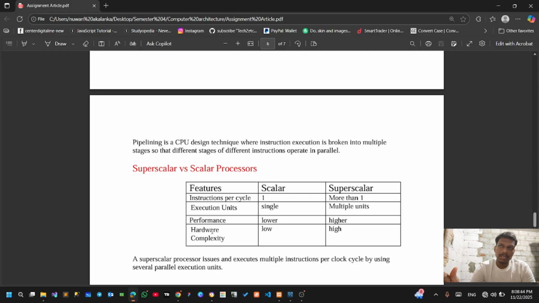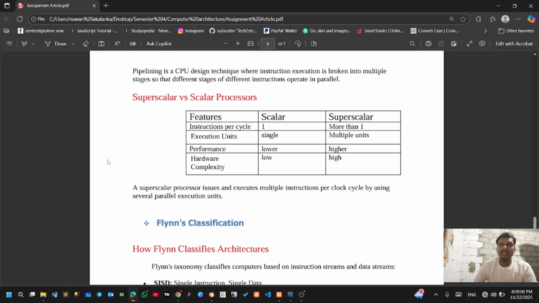According to performance, Scalar is lower and Superscalar is higher. For hardware complexity, Scalar is low and Superscalar is high. A Superscalar processor issues and executes multiple instructions per clock cycle by using several parallel execution units.